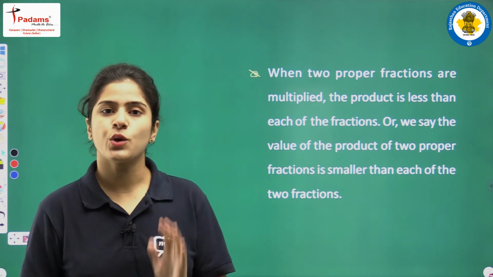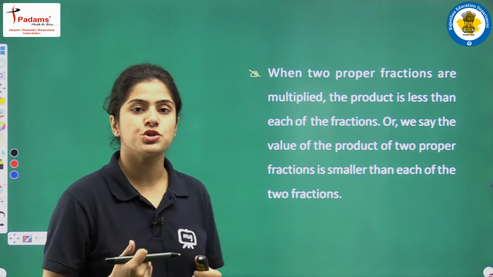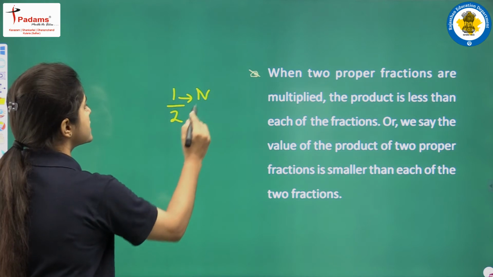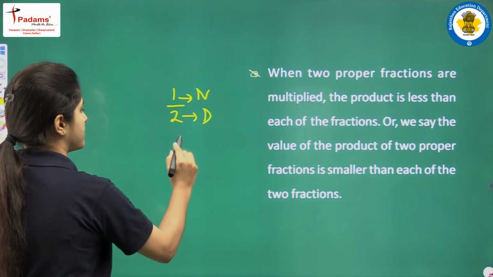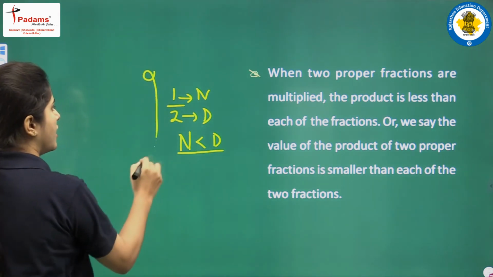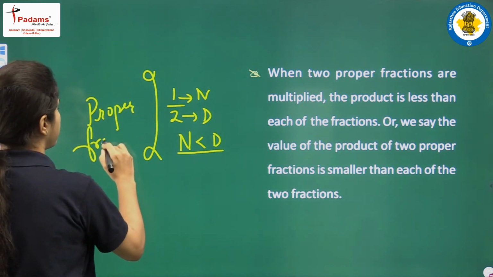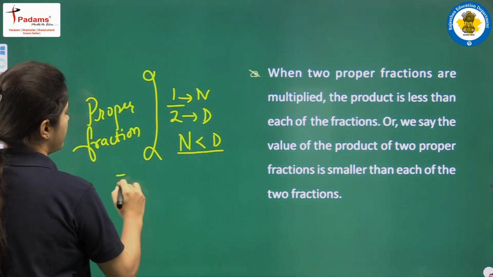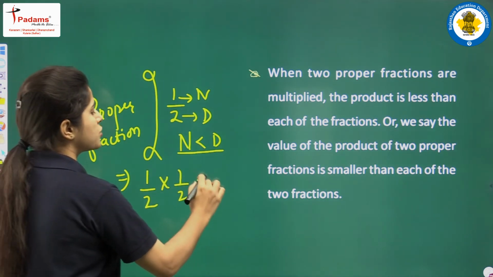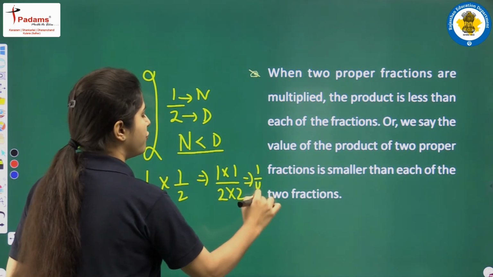Alright students, by proper fractions what do we mean? Suppose this is 1/2, then its numerator is smaller than the denominator. This is a proper fraction. If I am multiplying 1/2 into 1/2, the answer will turn out to be 1 into 1 upon 2 into 2, that is 1/4.